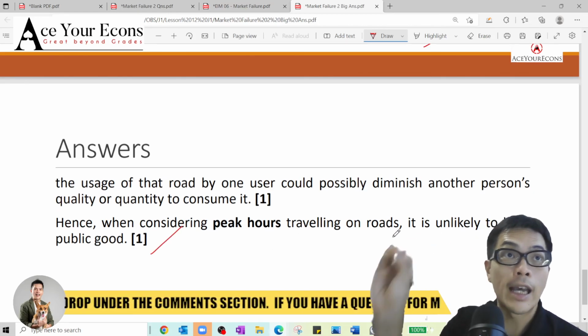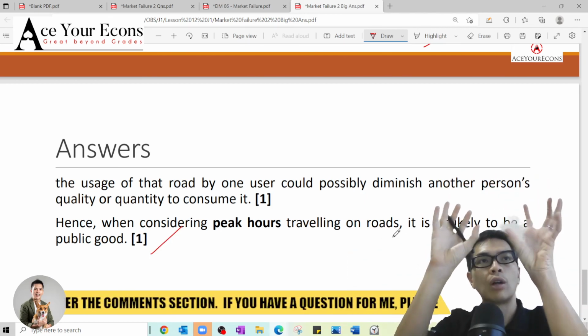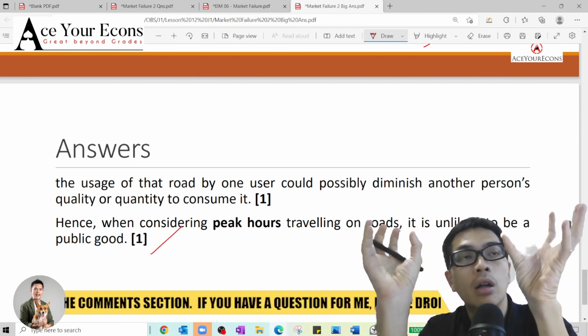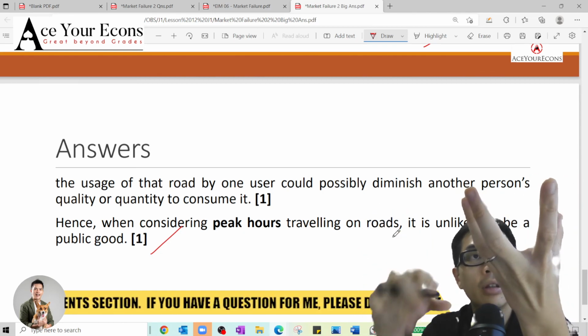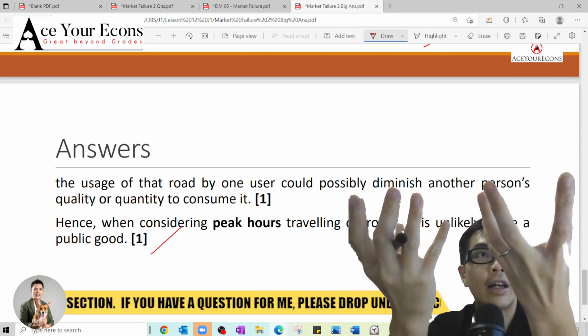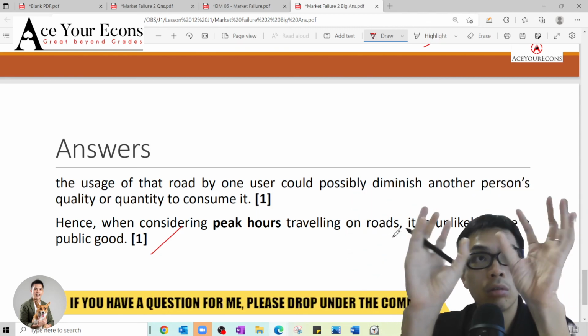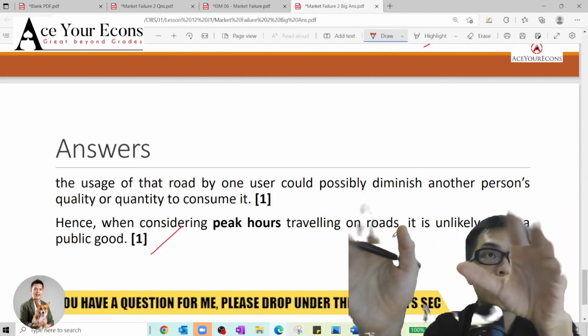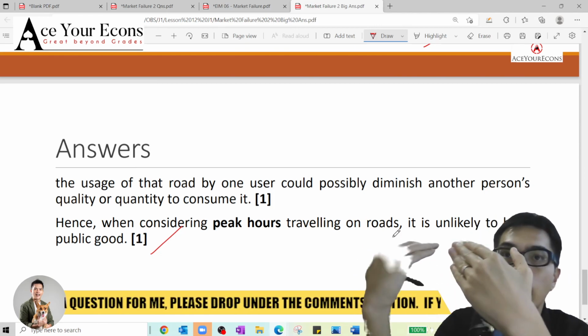So the concept tested here is actually quasi-public good. We are breaking up the quasi-public good into instances where it behaves like a public good and instances where it behaves like a non-public good. Regardless of how it's tested, always look out for NE and NR, and the other side, E and R as well.